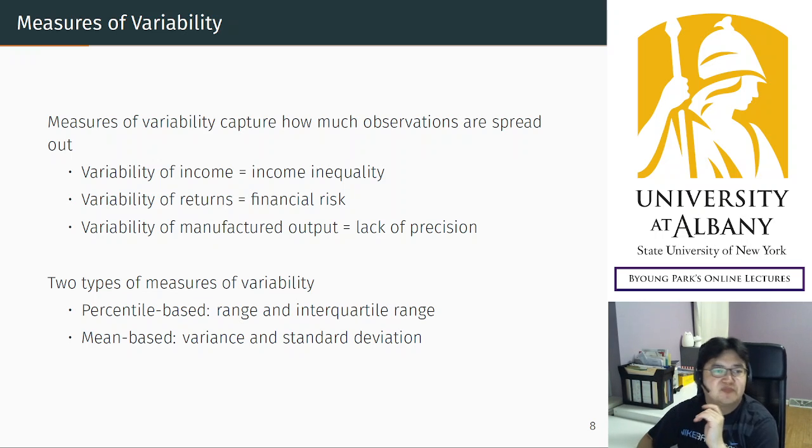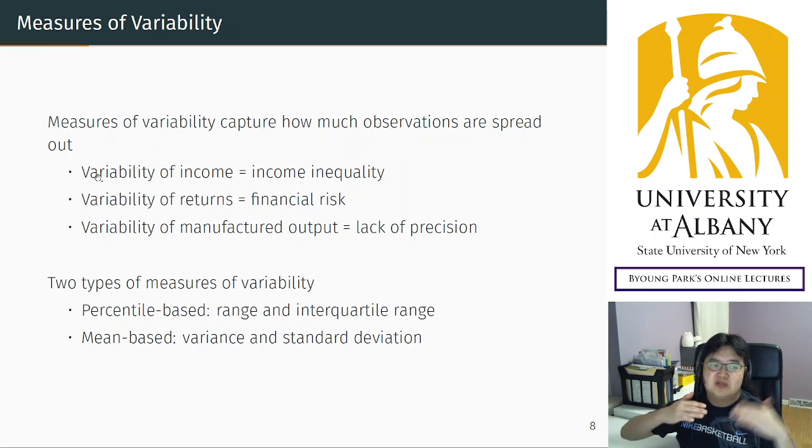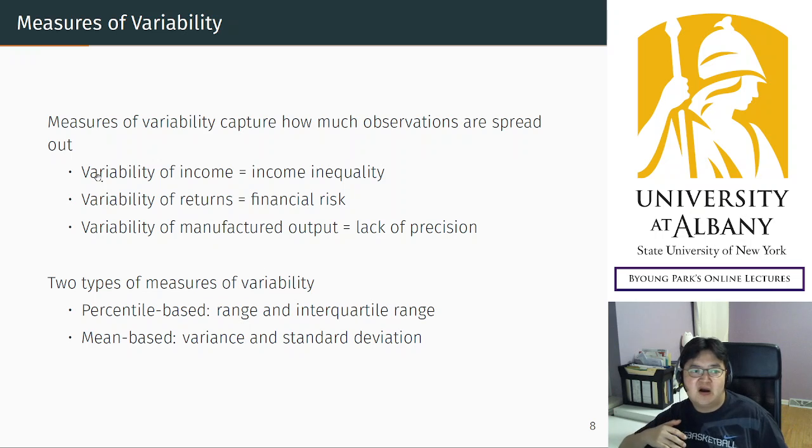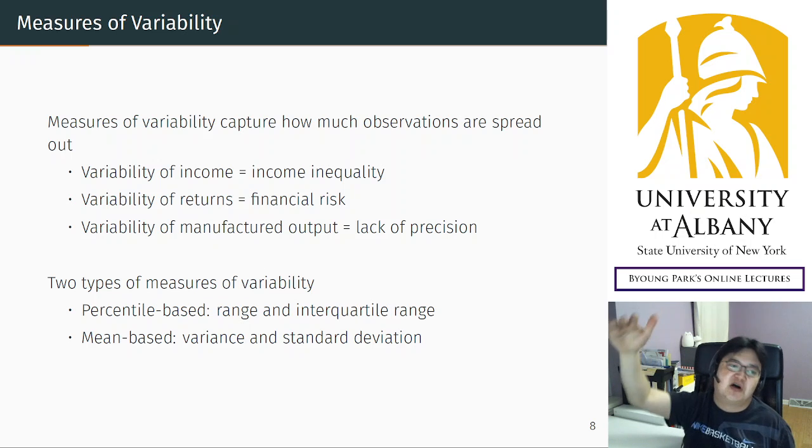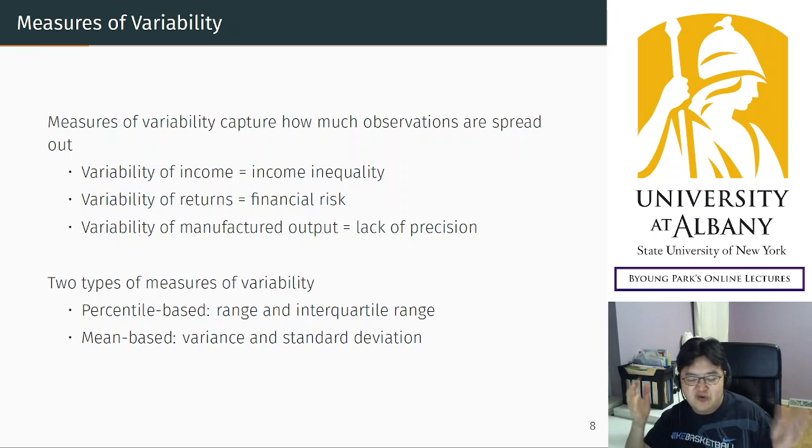For example, when you study income inequality, what's important is not the mean. Mean average income is not about the inequality. We have to think about the variability, so how poor the poor are and how rich the rich are. If you apply the same idea, you are measuring income inequality.